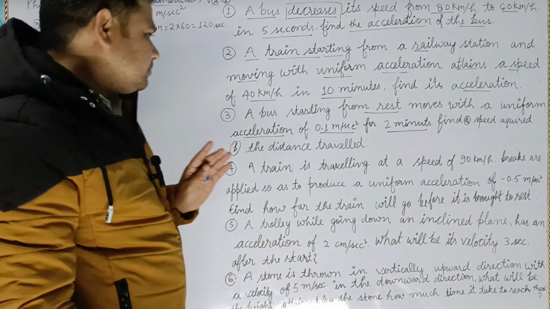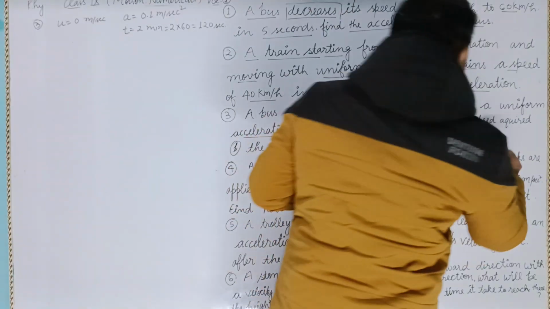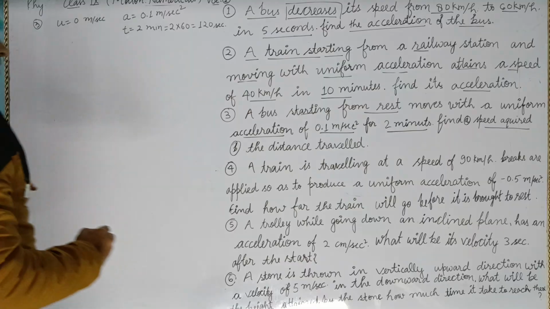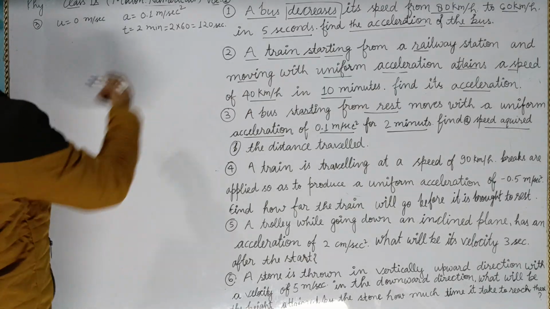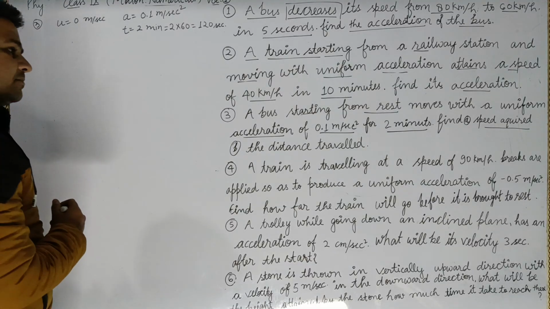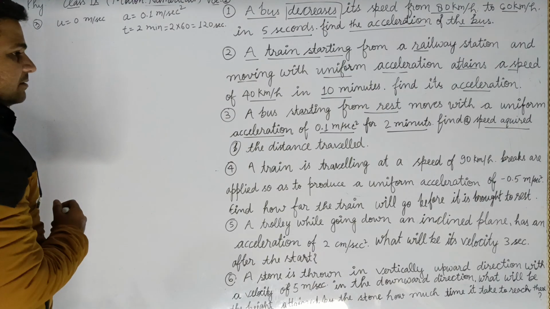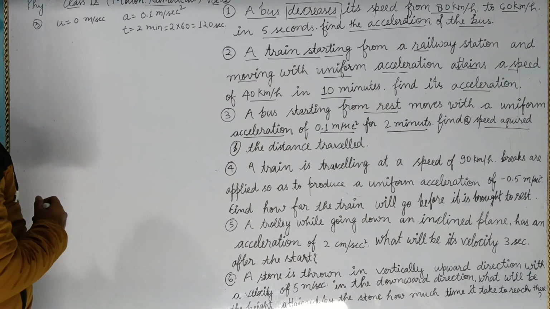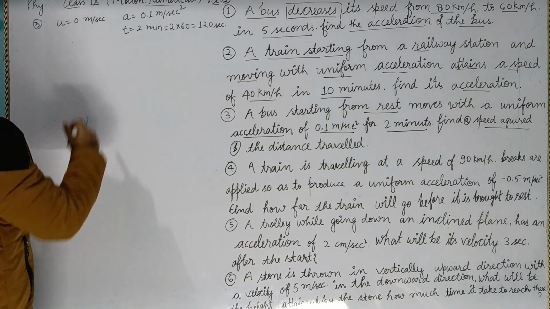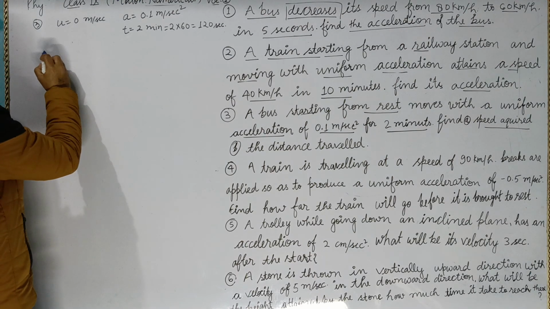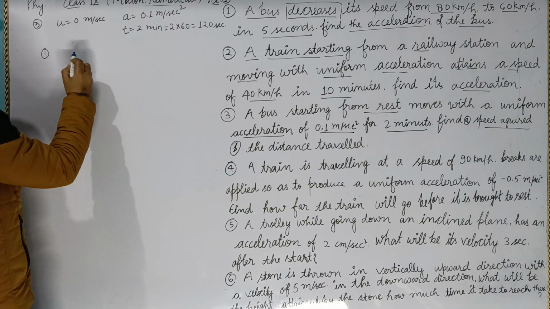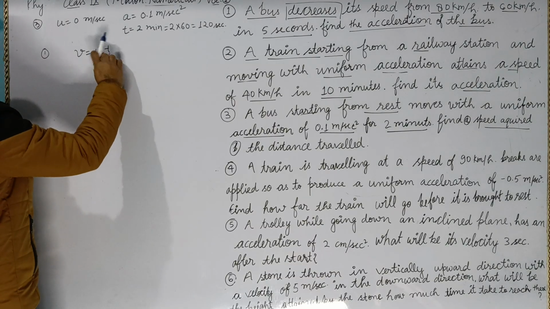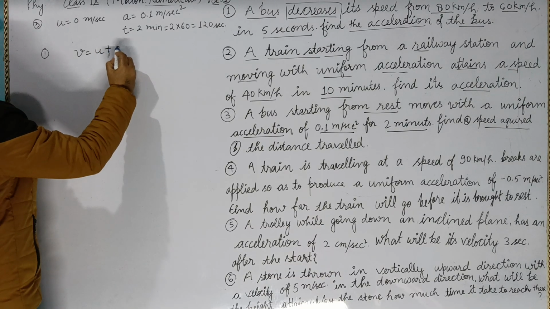We have to find the speed required in time t. Here we can apply the first equation of motion. The first equation of motion is v equal to u plus at.